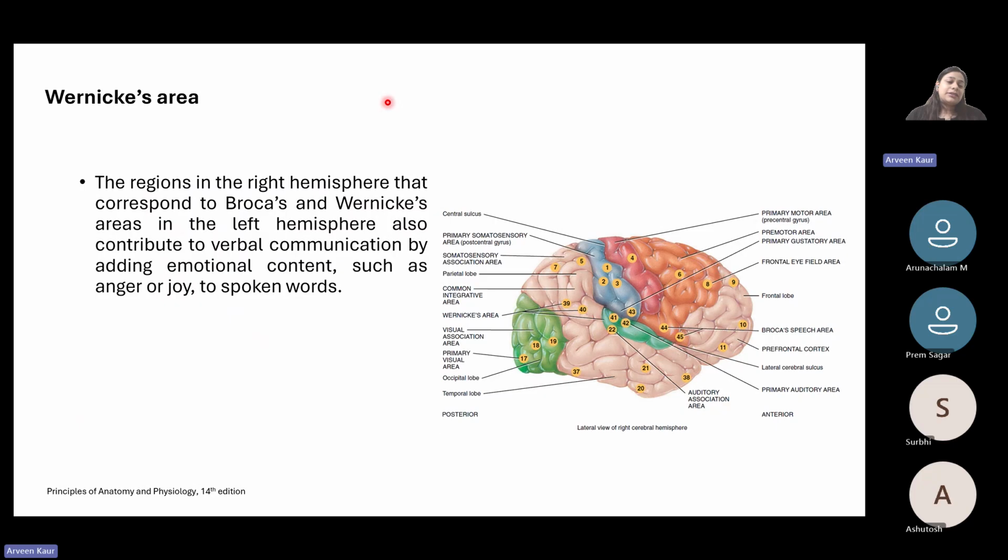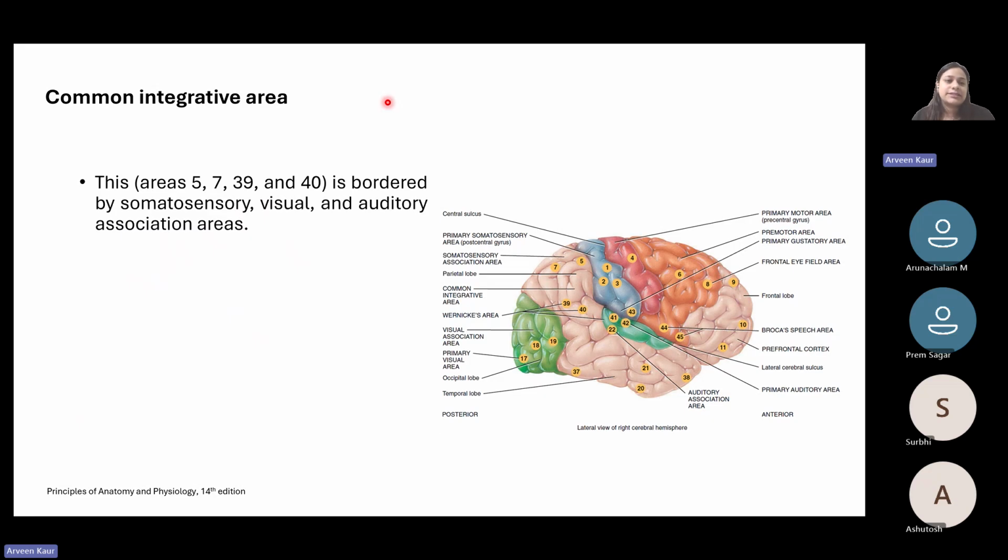But he was not that great at the emotional content, or understanding emotions or expressing emotions. So maybe the right hemisphere regions were not as developed, maybe, right? So that is just an example.